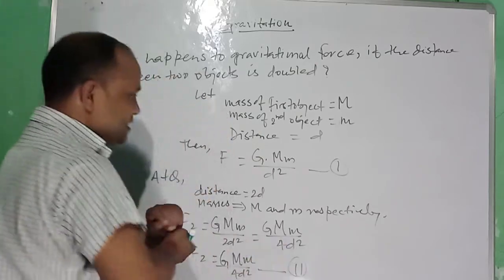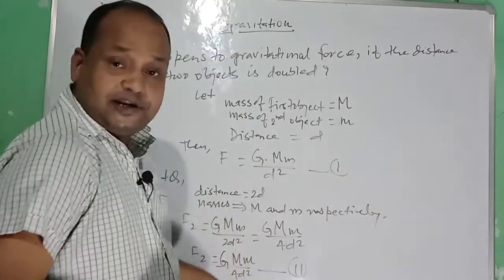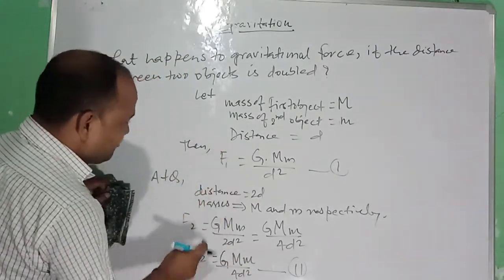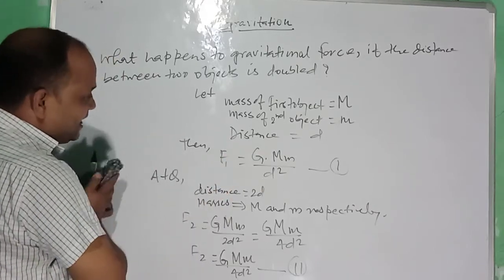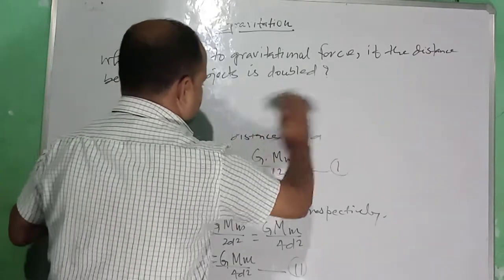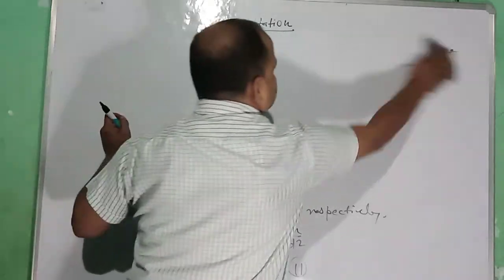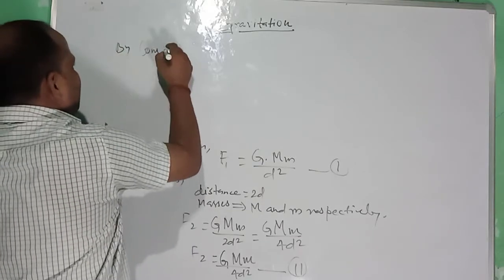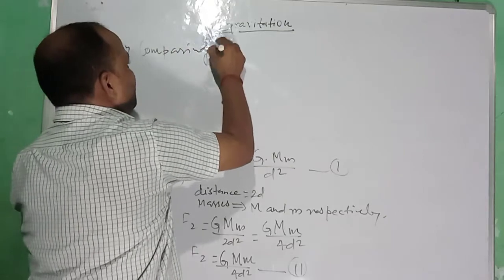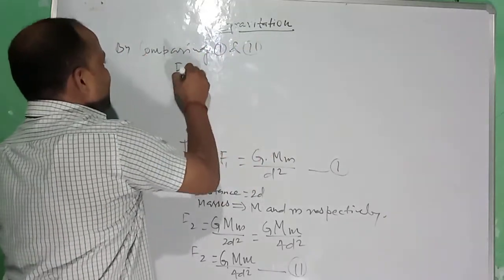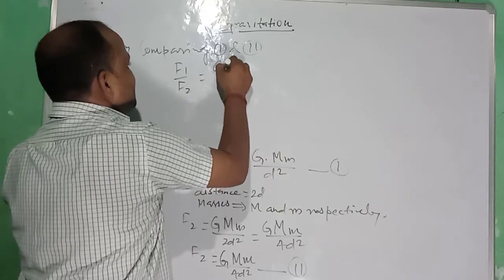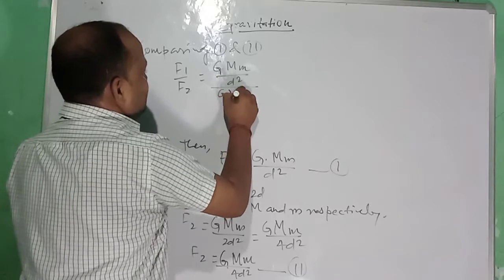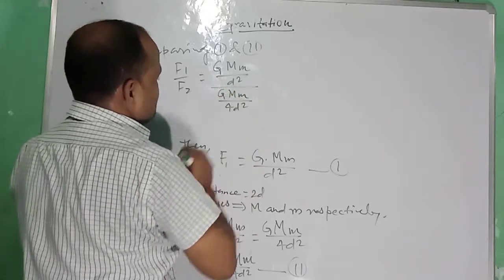This is the second case. Now you have to compare both the forces, this F1 and this F2. So by comparing F1 and F2, what will you get? Let us compare. By comparing 1 and 2, F1 by F2 is equal to G capital M small m by d square upon G capital M small m by 4d square.